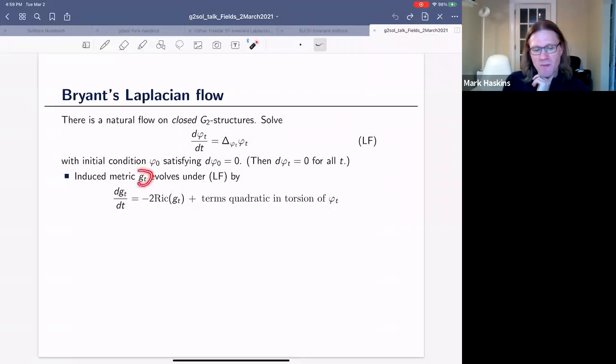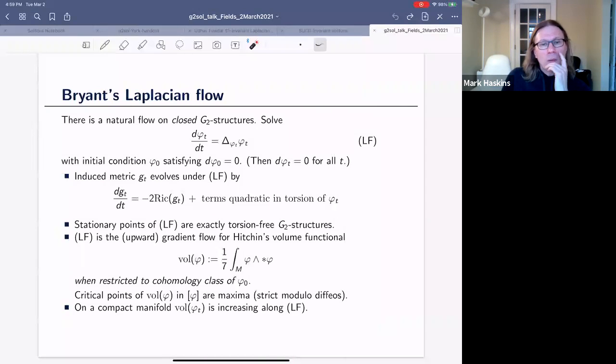If you look at how the metric evolves, then it evolves via Ricci flow up to terms that are quadratic in the torsion, if this thing does not have zero torsion. So clearly, if I take something that's closed and co-closed, then this Hodge-Laplacian term vanishes. And so, in fact, the stationary points are exactly the torsion-free G2 structures.